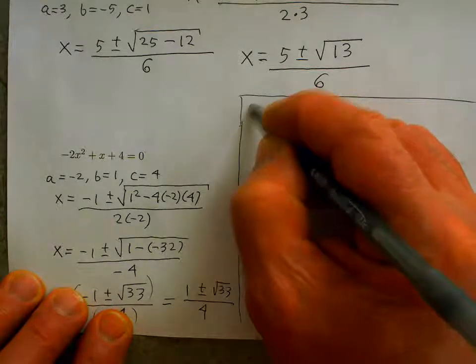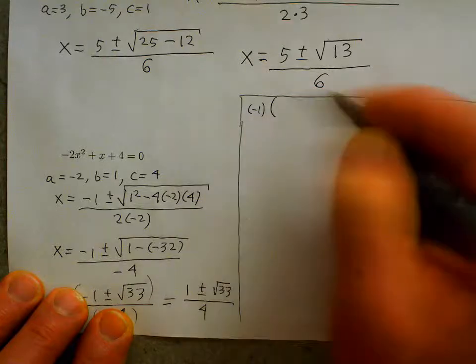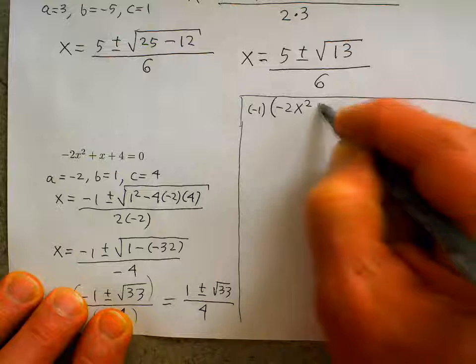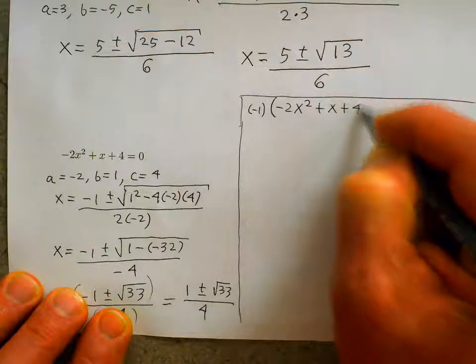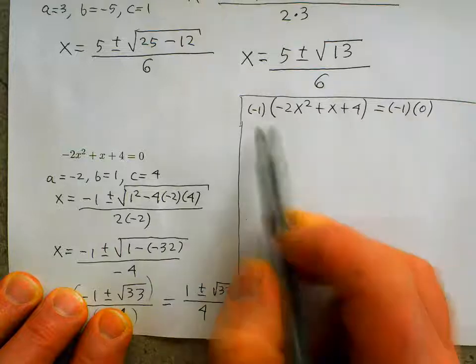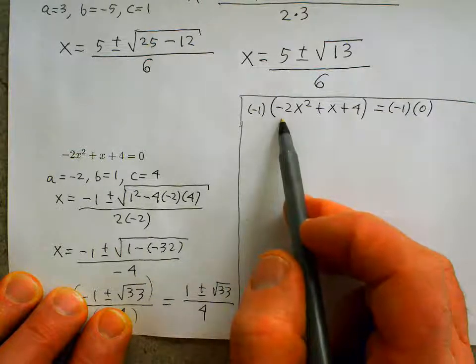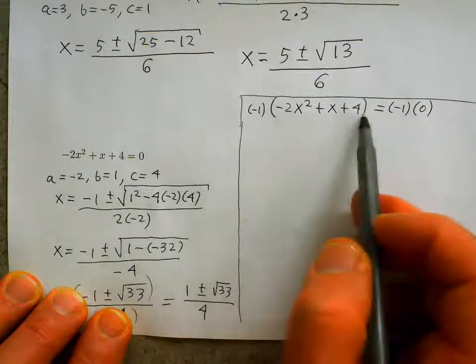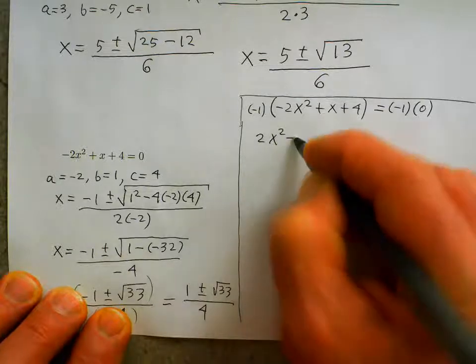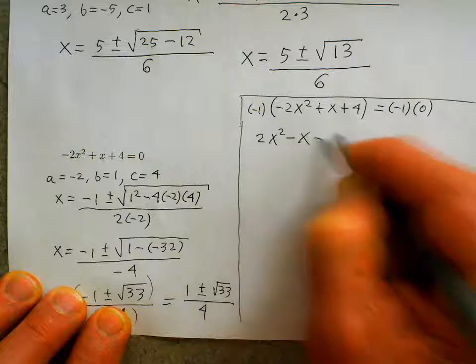Okay, so multiply every term on both sides of the equation by -1. So -1 times the quantity -2x squared plus x plus 4 is 2x squared minus x minus 4.